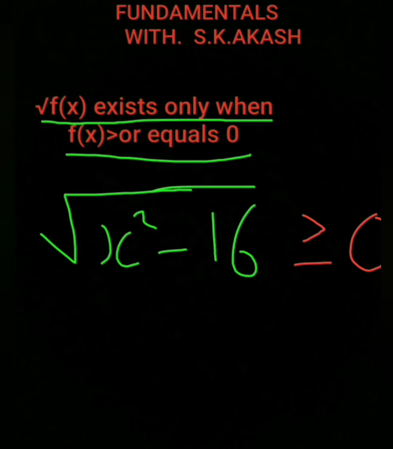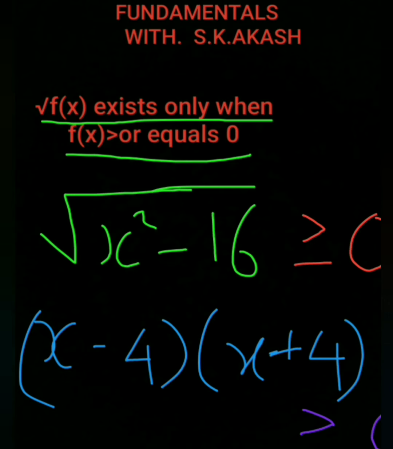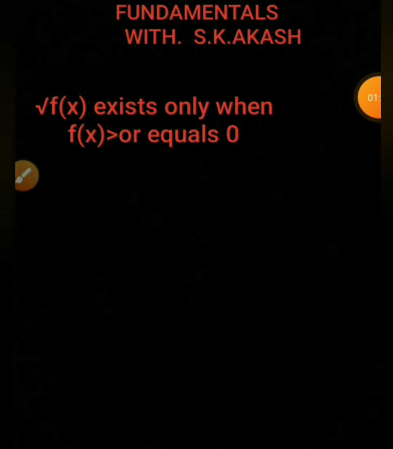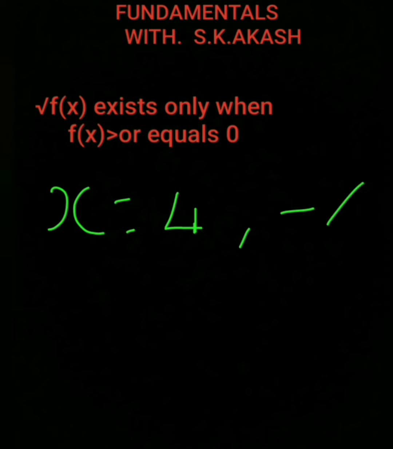You get two factors here, x minus 4 and x plus 4, greater than or equal to 0. On solving, you will get x equals 4 and minus 4.